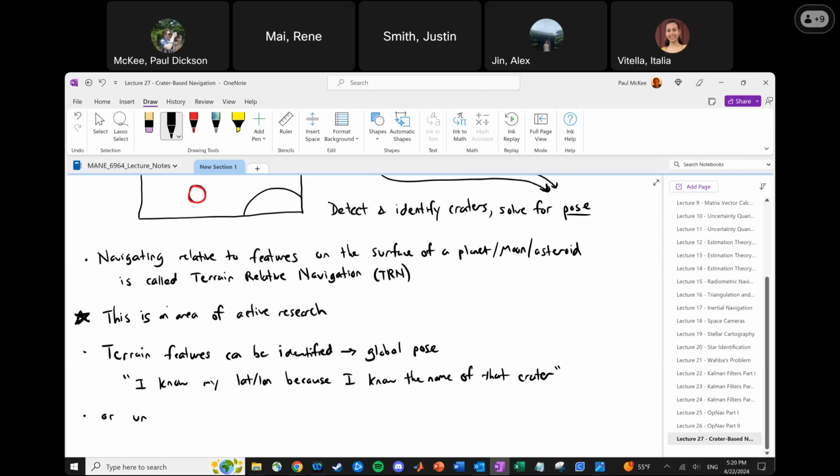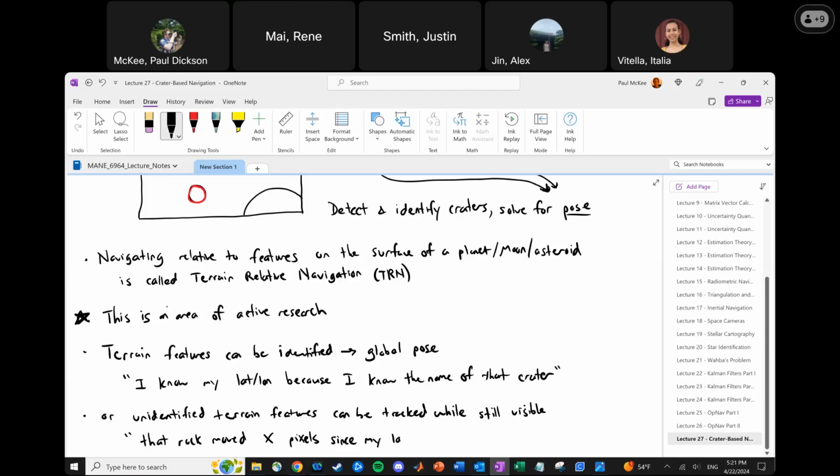unidentified terrain features, which don't need to be identified, can be tracked while they're still visible. So the plain English form of this would be, that rock moved X pixels since my last image.